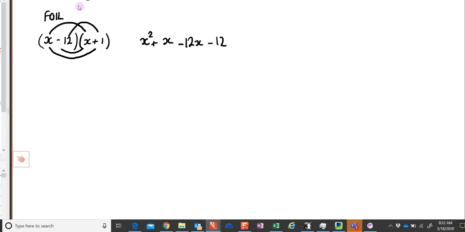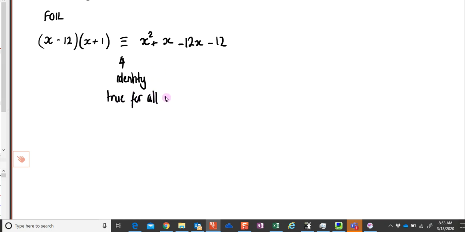Now there's one thing to add at this stage, is that the sign that we can use in between is this one, and that, as I'm sure you're aware, means it's an identity, and an identity would be true for all values of x.